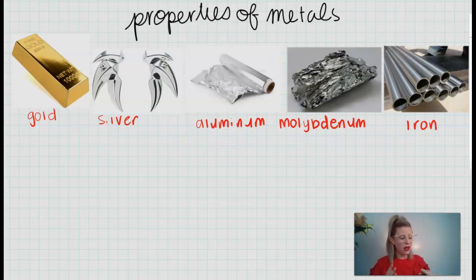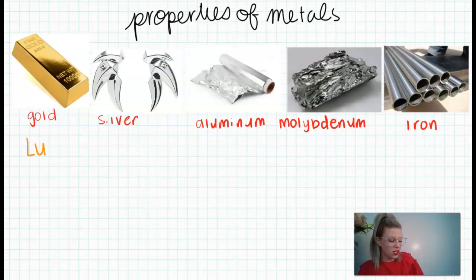Now, the first thing that you might notice right off the bat about all of these metals is that they're really shiny. Metals typically have the property of luster, which typically means that they are shiny.